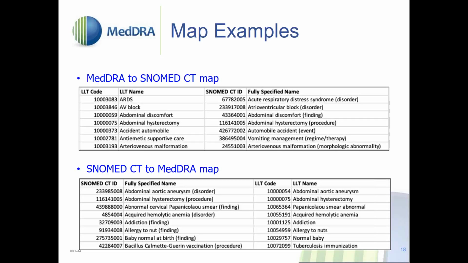And at the bottom, you see an example of the SNOMED CT to MedDRA map. And this, of course, also goes with a numerical SNOMED CT ID, as well as a written out fully specified SNOMED name, mapping to the closest concept at LLT level with an LLT numerical code and the fully written out LLT name.